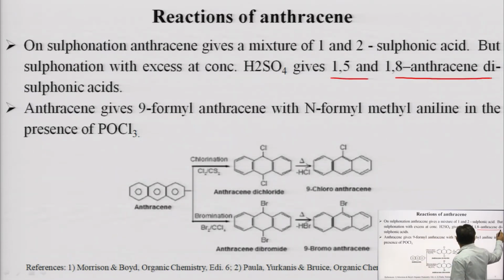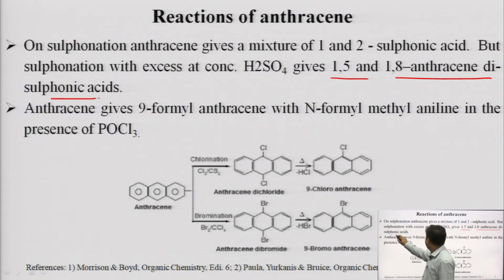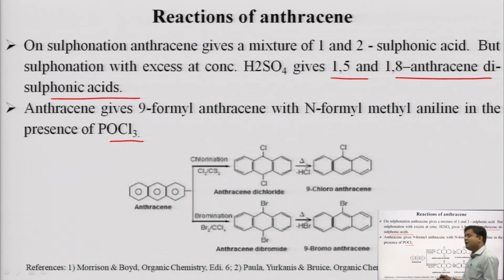Anthracene gives the formylation reaction also. When formylation occurs, it gives 9 formyl anthracene in the presence of N-methylformanilide and POCl3. Both these reactions are clearly shown in the PPT.